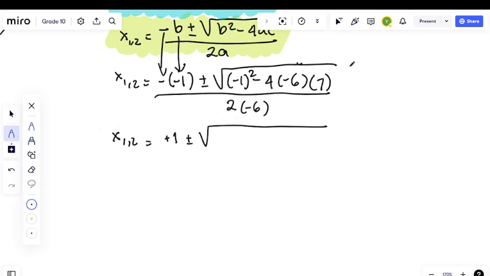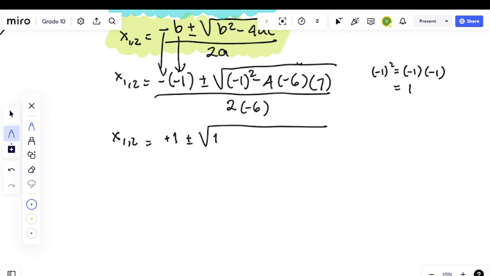So minus 1 squared, I'll show you. Minus 1 squared means minus 1 times minus 1. That means the negative 1 is being squared, so the negative goes to positive. So this is 1.